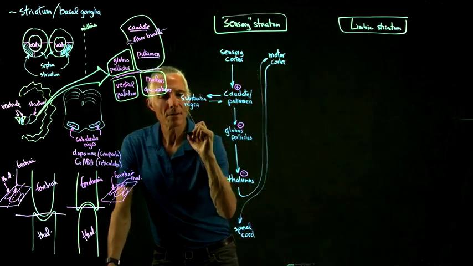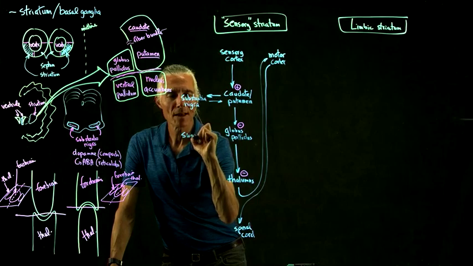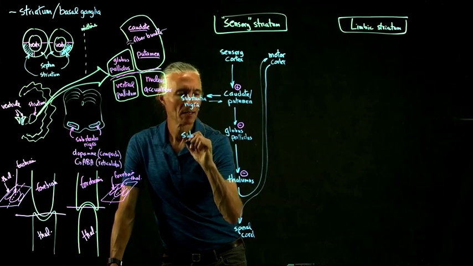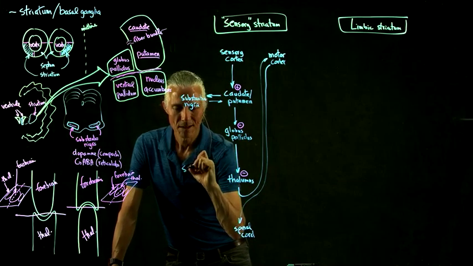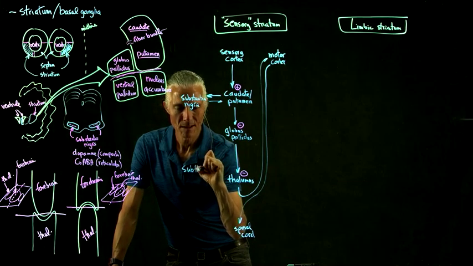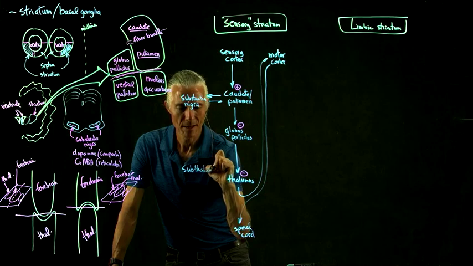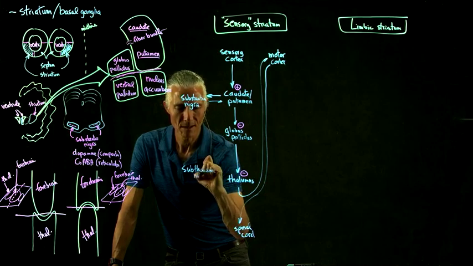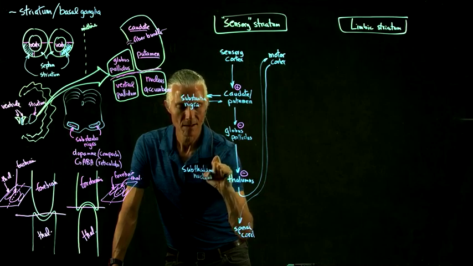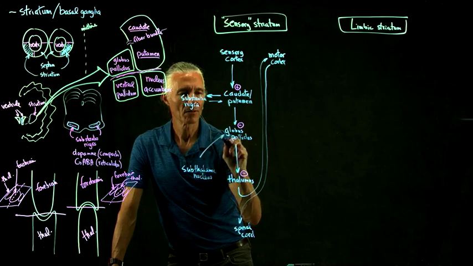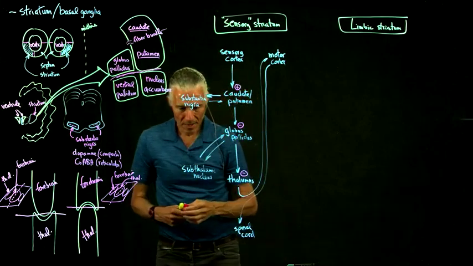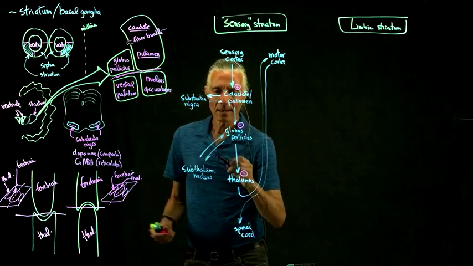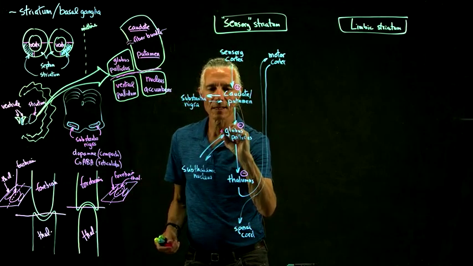And then there's another structure called the subthalamic nucleus. We'll put that down in the thalamus here. This guy goes to the globus pallidus and back. And in particular, this connection is a positive connection here.